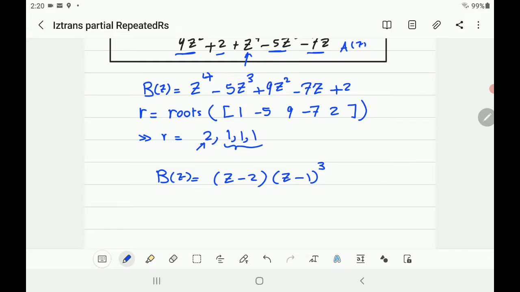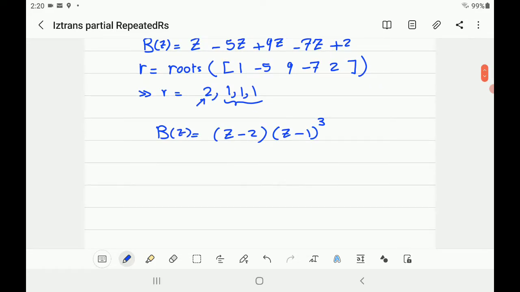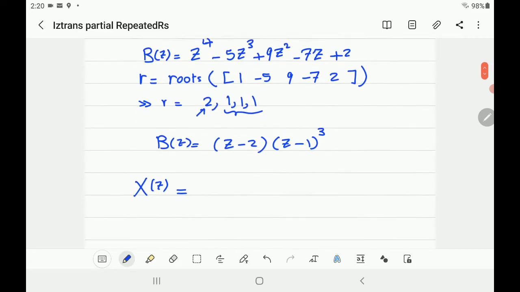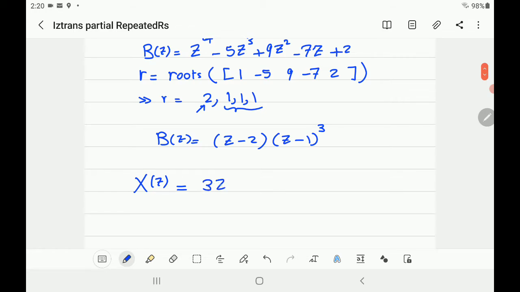So I will rewrite the expression x of z again. So 3z cubed minus 8z squared plus 5z, and I have now the factored form of the denominator.